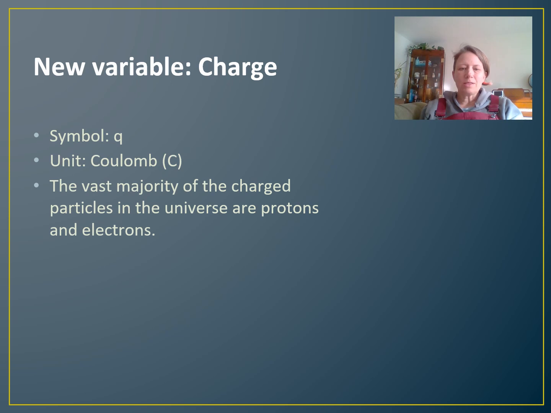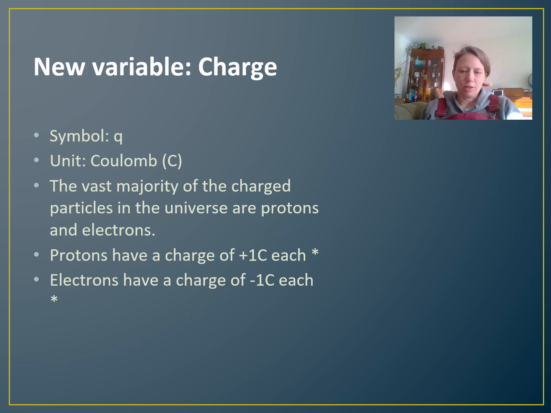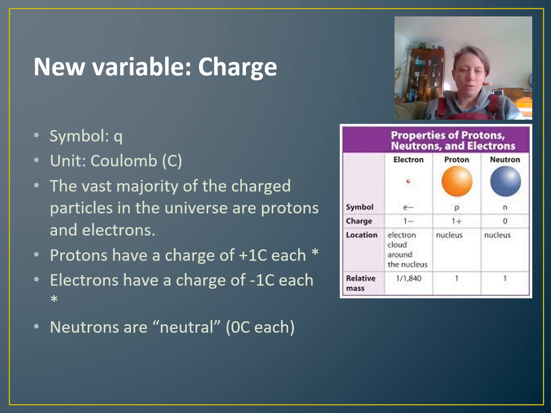And for the purposes of this unit, we are basically going to make an assumption that all protons have a charge of positive 1 coulomb and all electrons have a charge of negative 1 coulomb. Neutrons, of course, are neutral, won't really factor into anything, but just so you know that they have a charge of 0 coulombs as well.